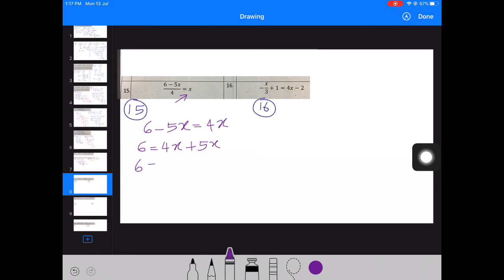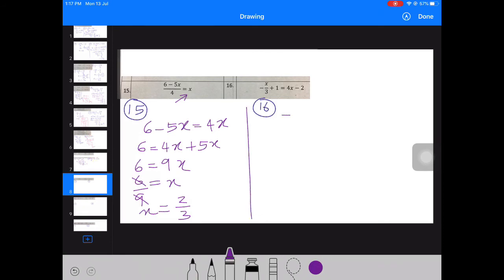So 6 equals to 9x. So x here equals to 6 over 9, or you can simplify 6 and 9, you get x equals to 2 over 3. Alright.